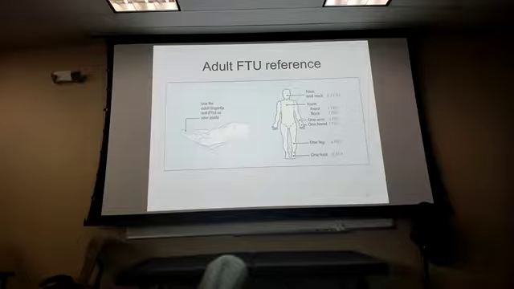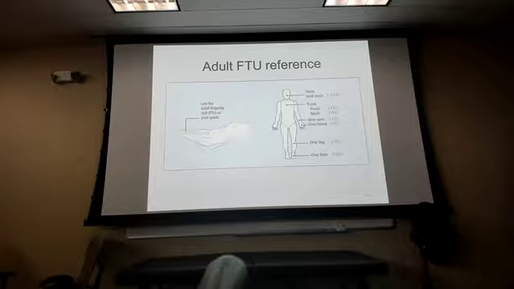So if you're having this on the trunk, how many palms can you put over it, which means how many FTUs, right? So 1, 2, 3, 4, and so on. If it's on one leg, there's 6. Trunk, front and back, is 7. So yeah, it just breaks it down into one of those things, okay?